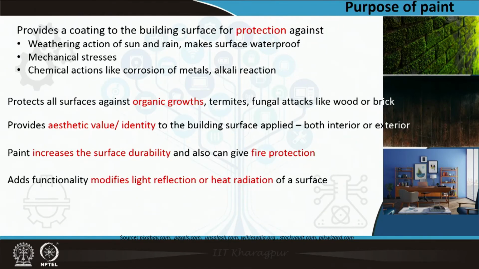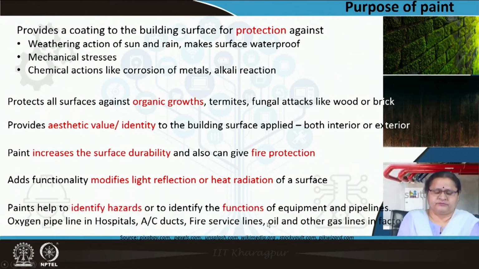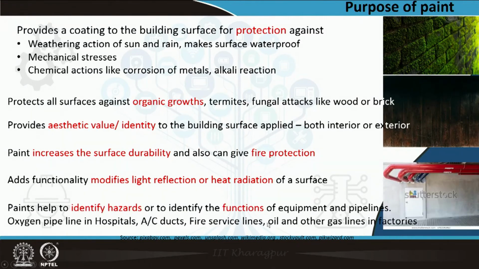We had learned this when we did reflective paint, reflective materials as insulators. So, you have reflective paint, white paint, metallic paint on rooftops. You allow the heat to get reflected back, and paint gives identity.